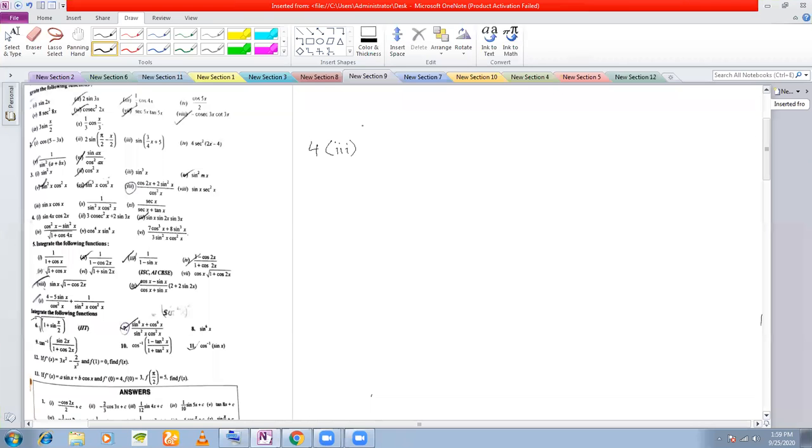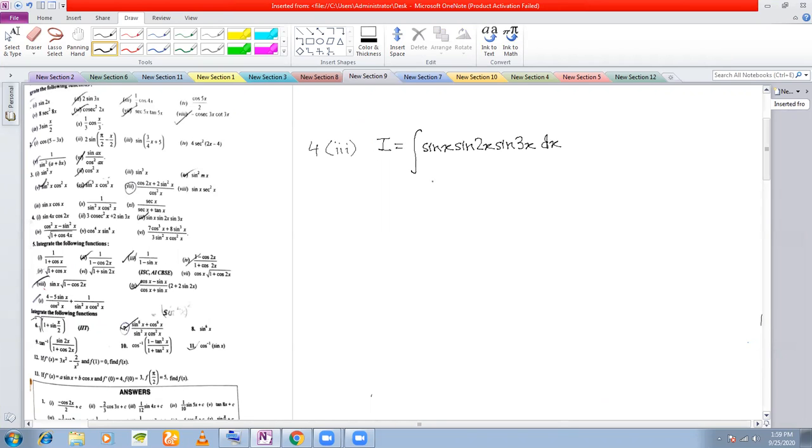So the question here is: evaluate I equals the integral of sine x, sine 2x, and sine 3x dx.